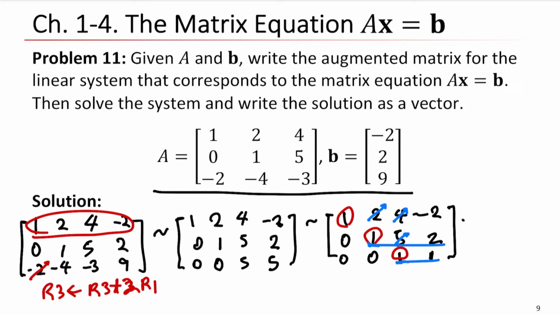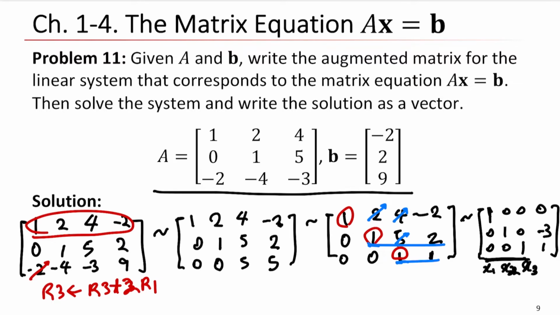Then finally, please try to solve this yourself, okay? I strongly believe you already did this, right? Then it will be something like that, right? So in this case, this one is related to x1, x2, x3, right?